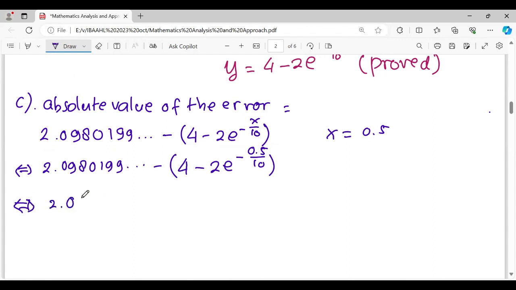So 2.0980199 minus (4 minus 2e to the power of minus 0.05).